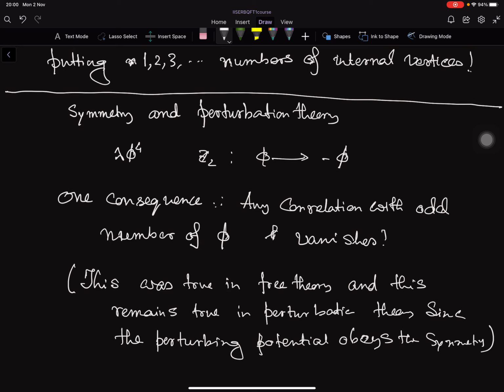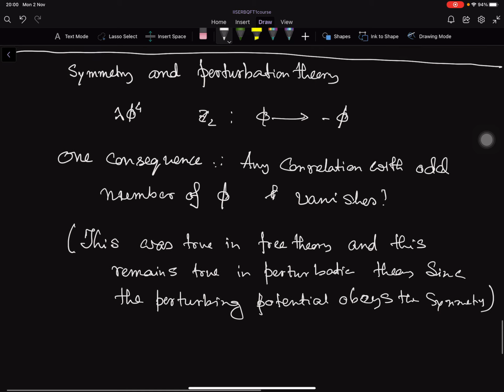Okay, so this is a simple case of a more general thing: whenever there are perturbing potentials which preserve some of the symmetries, then the various correlation functions, this is the simplest case of what is known as Ward identity.